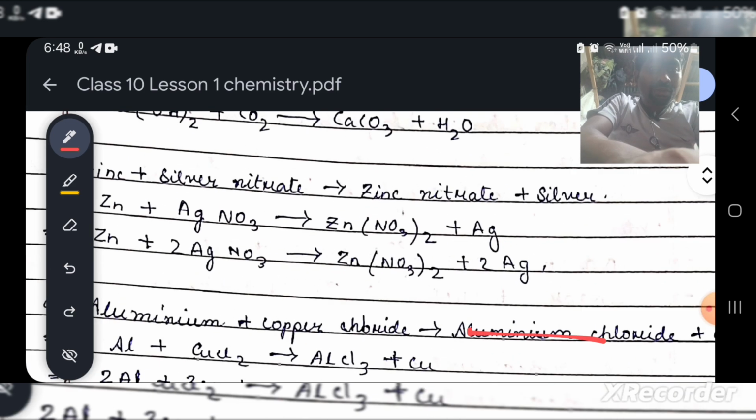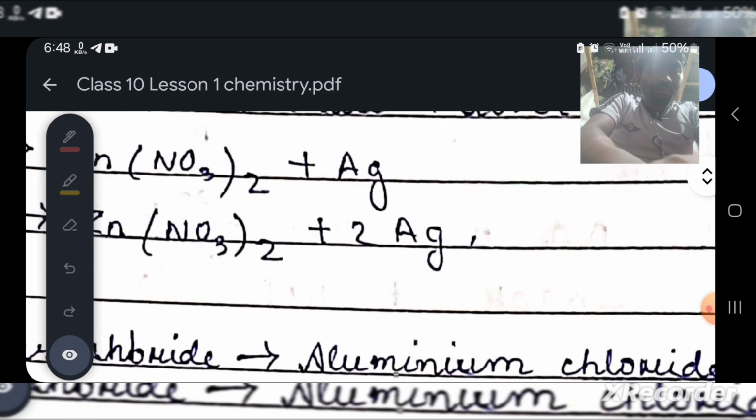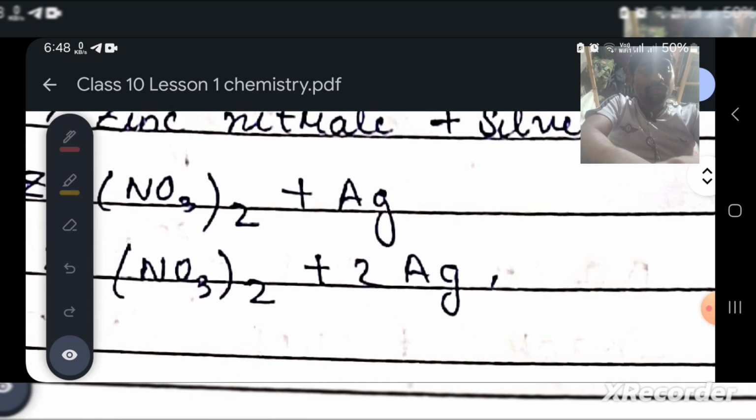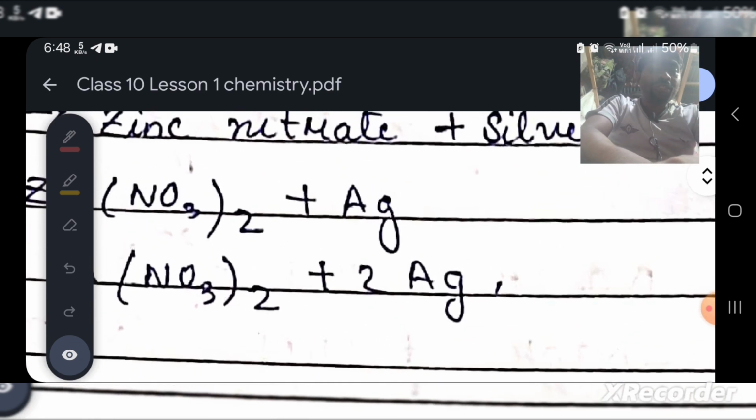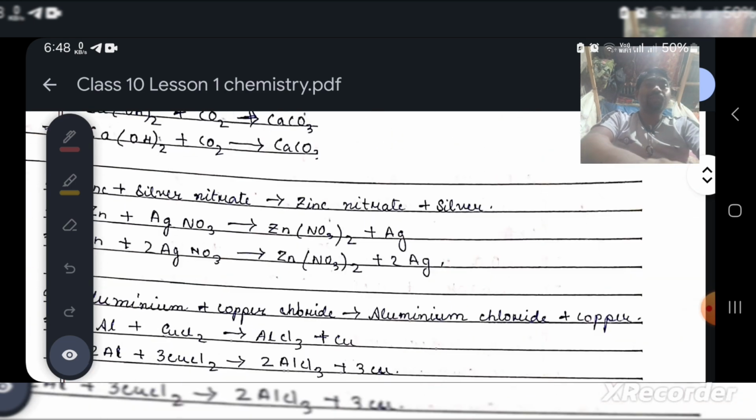So in the product side also we will put 2, so that the number of silver becomes 2 there as well. Okay.